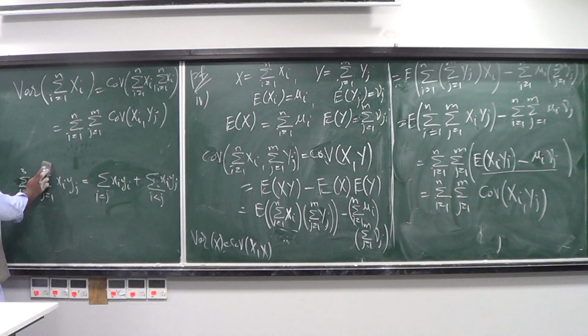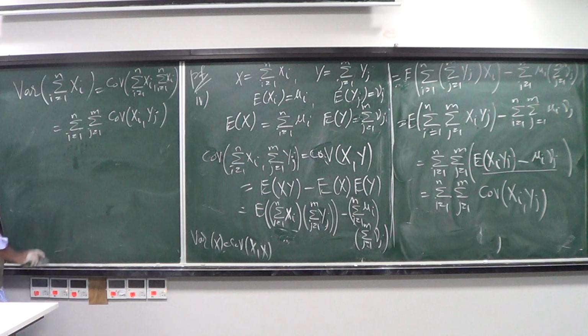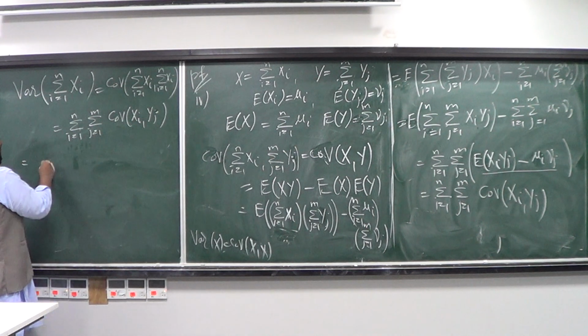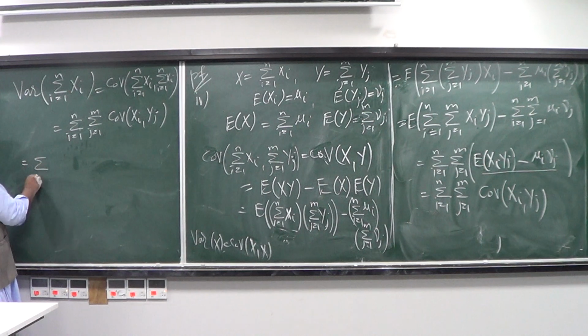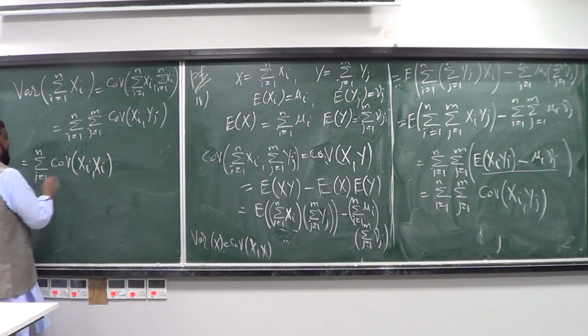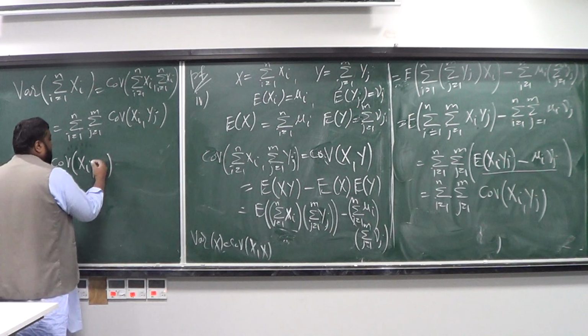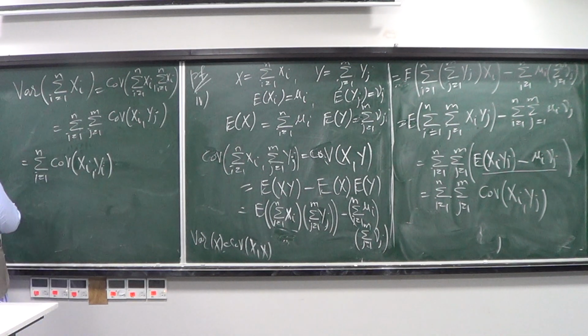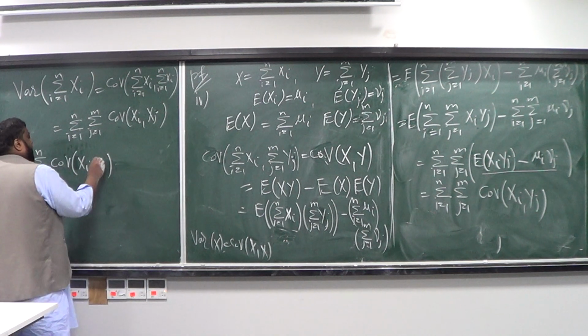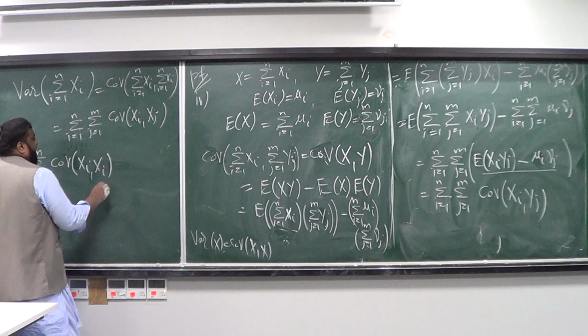Now you have the same case here. I can break this sum into two parts. One where the indices agree: a sum that goes from i equal to 1 to n of the covariance of xi and yi, and all these are xi's, so xi and xi.